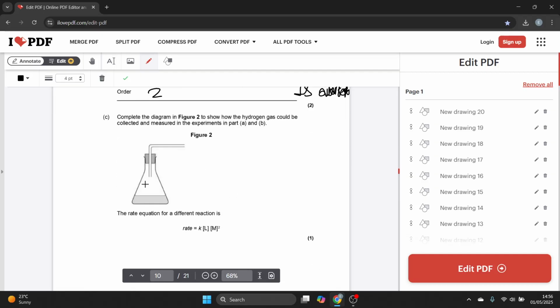Complete the diagram to show how the hydrogen gas could be collected and measured. Well, you're going to need your gas syringe. And your scales in here.